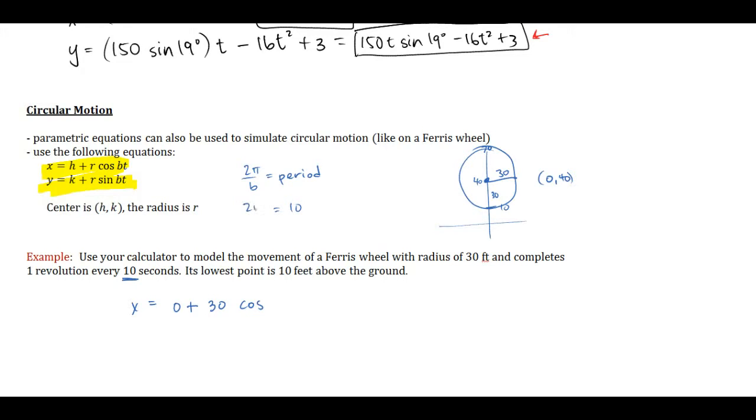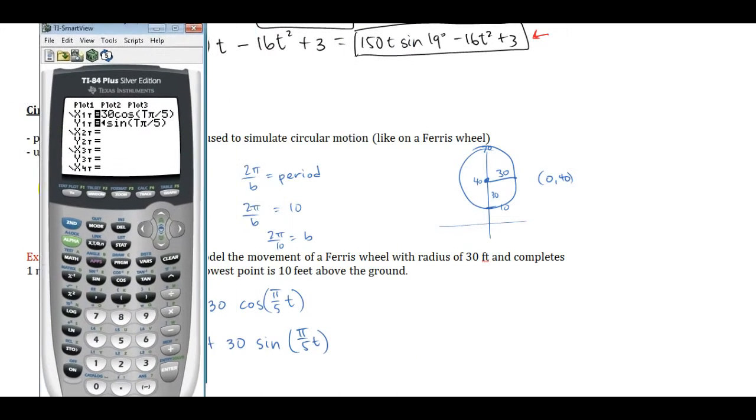Cross multiply and you get 2 pi over 10 equals B. So B must be pi over 5, and that's times time. There's our x equation. Our y equation will be 40, the center, plus the 30 radius, sine of that exact same value, pi over 5 t. And those are our 2 equations for this circle.